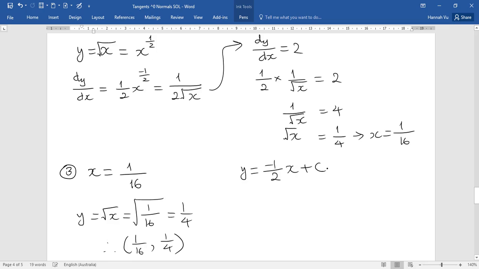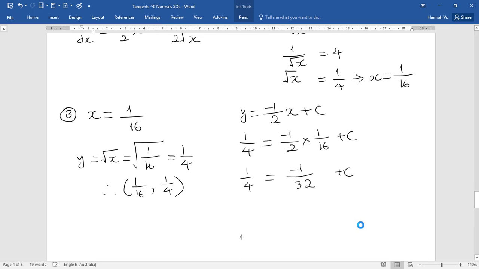Right now we have negative half x plus c, so a quarter equals negative half times 1 on 16 plus c, which means a quarter equals negative 1 on 32 plus c, and c would equal 9 on what? 9?